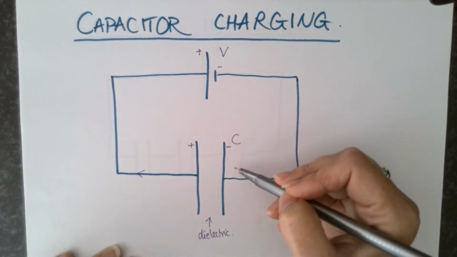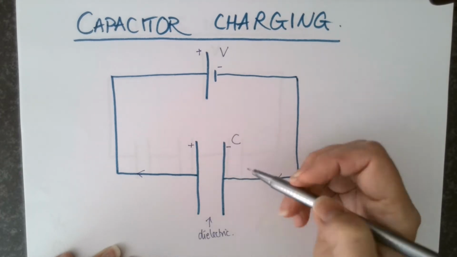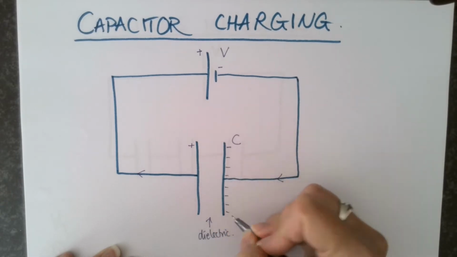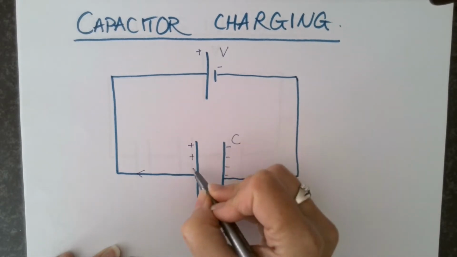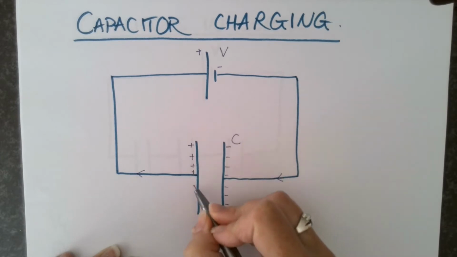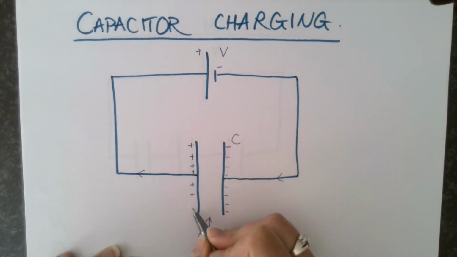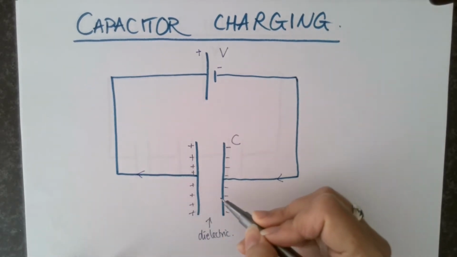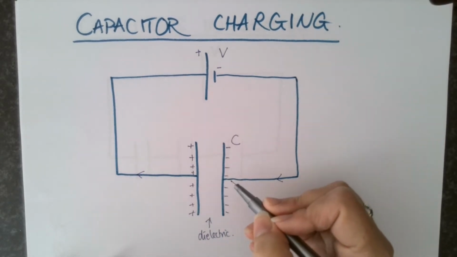If we had a coulomb of charge arrive on our negative plate, let's add a few more electrons, we would have a coulomb of charge being repelled from our opposite plate, leaving the same magnitude of charge but of the opposite sign.